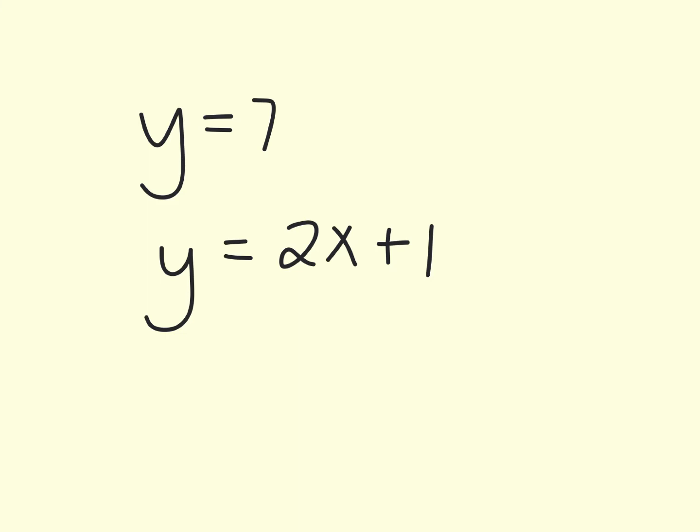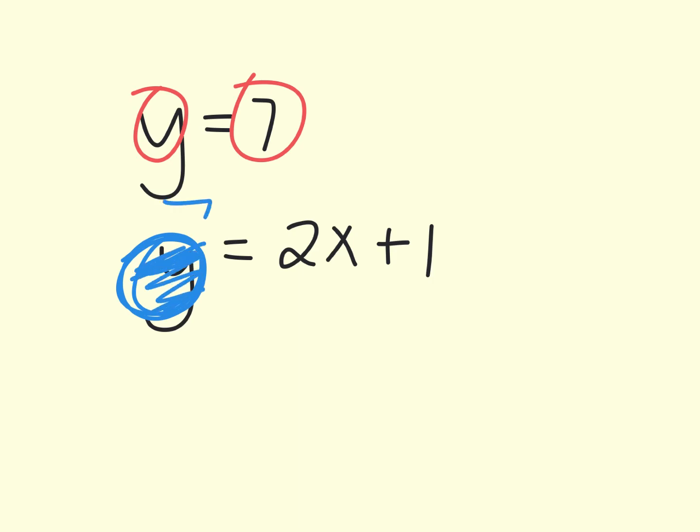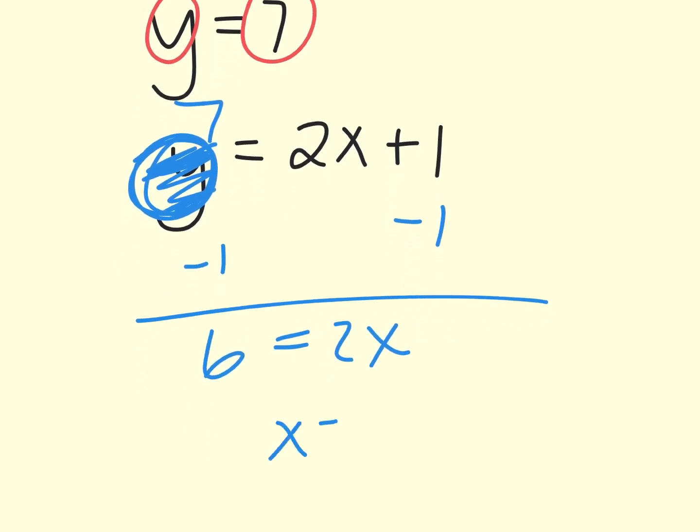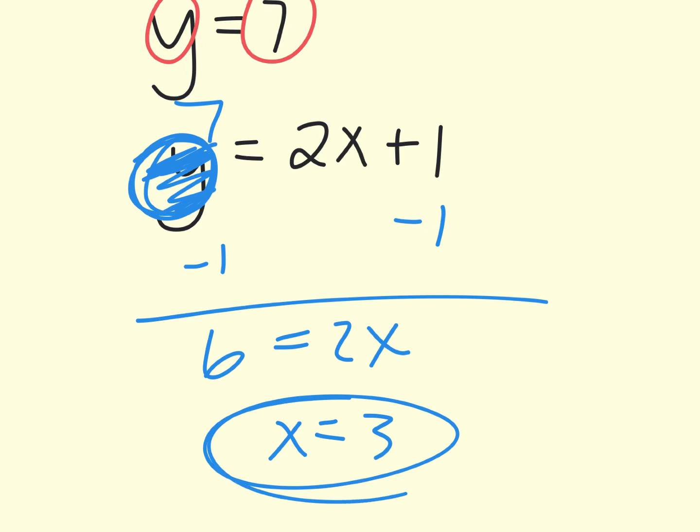I know this one's kind of easy, but it's good to see all different kinds. Easy ones, medium ones, hard ones. If y is 7, whenever you see a y, I'm going to put a 7. Then I'm going to subtract 1 from both sides, and I get 6 equals 2x. What's x got to equal? 3. Raise your hand if you had 3.